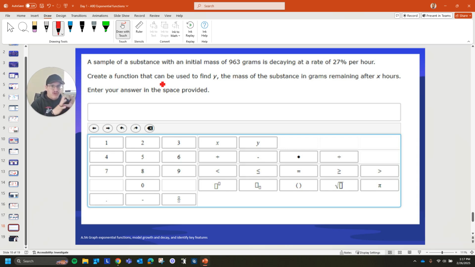The only thing I'm going to give y'all is that our equation is in the form a times b to the x, and it's going to have either a(1 + r) to the x, or a(1 - r) to the x. Again, we got all this information from the slides that we did earlier. So try this problem on your own, and then after you're done, unpause the video and see what I say for your answer.